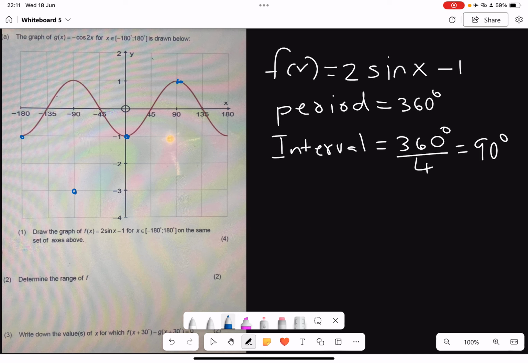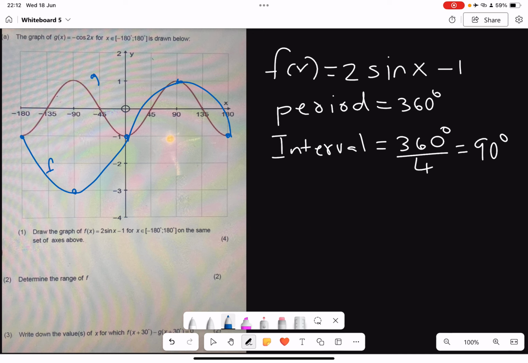Then 180 goes with minus 1, which is there, right? And then, ladies and gentlemen, we can see that our new graph is going to go like this, like that, then like that, then like that, right? And that is our graph of f. We can show that this is f of x, that is g of x.